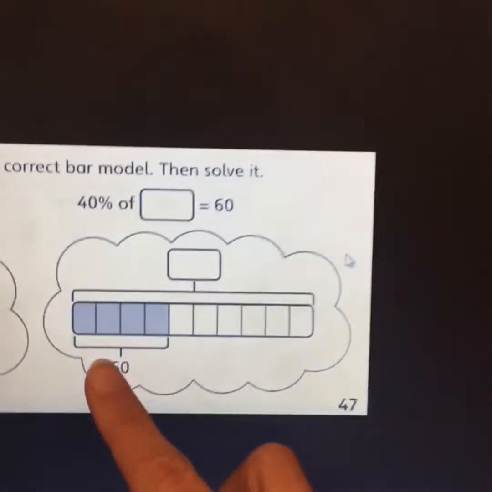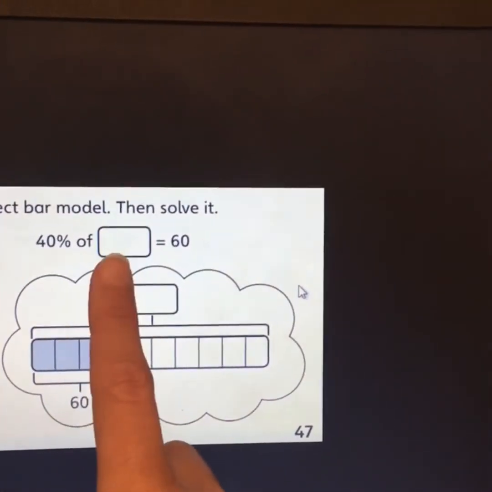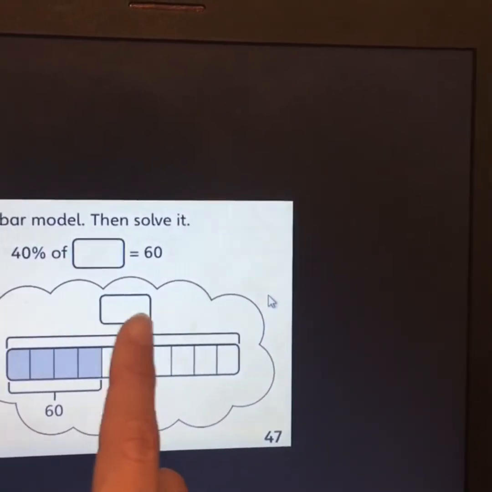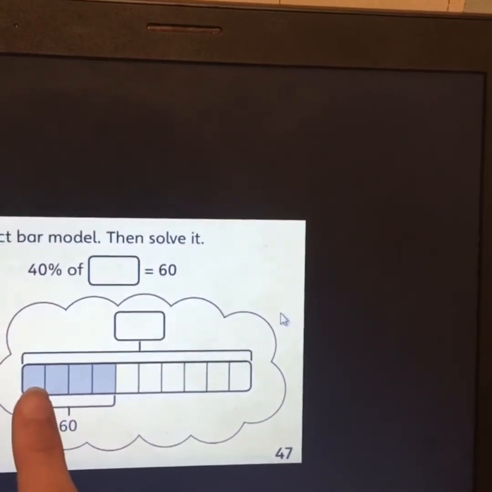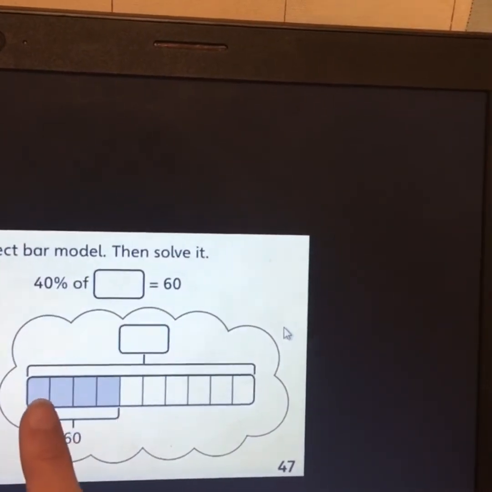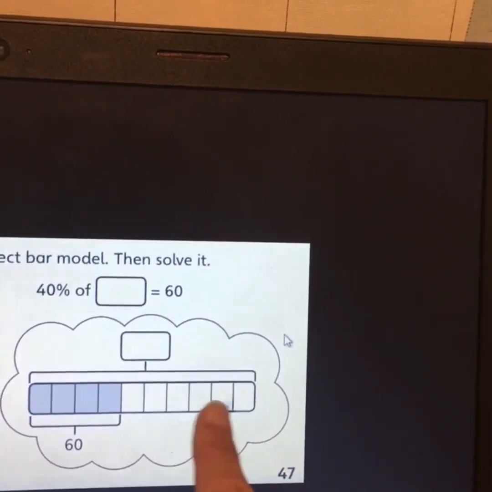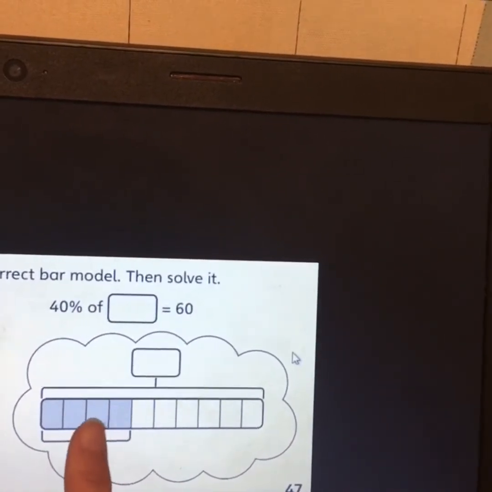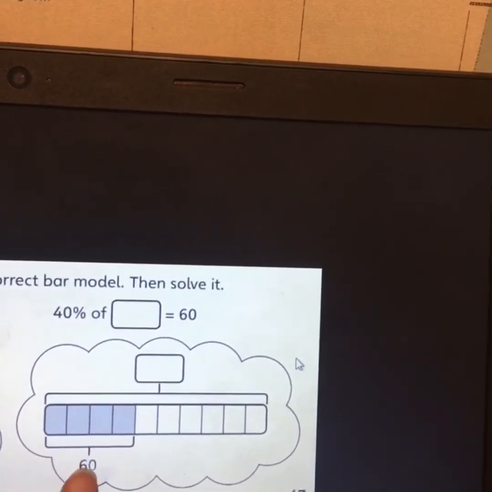Right, this one over here then. 40% of something is 60. So this time I don't know the whole. I know that 40% is 60. So here's my bar cut into 10 parts. Each one of these parts is worth 10%. And 10, 20, 30, 40, this 40% here is 60.